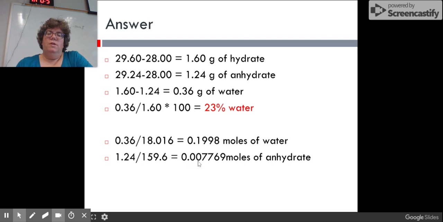And we get 0.007769 moles of anhydrate. So that's the sample after the water's gone. And then lastly, we make a ratio. So 0.1998 divided by 0.007769, and we get 3, which means for this sample, there are 3 moles of water. So copper sulfate has 3 moles of water attached to it, which we figured out just by doing all the calculating.